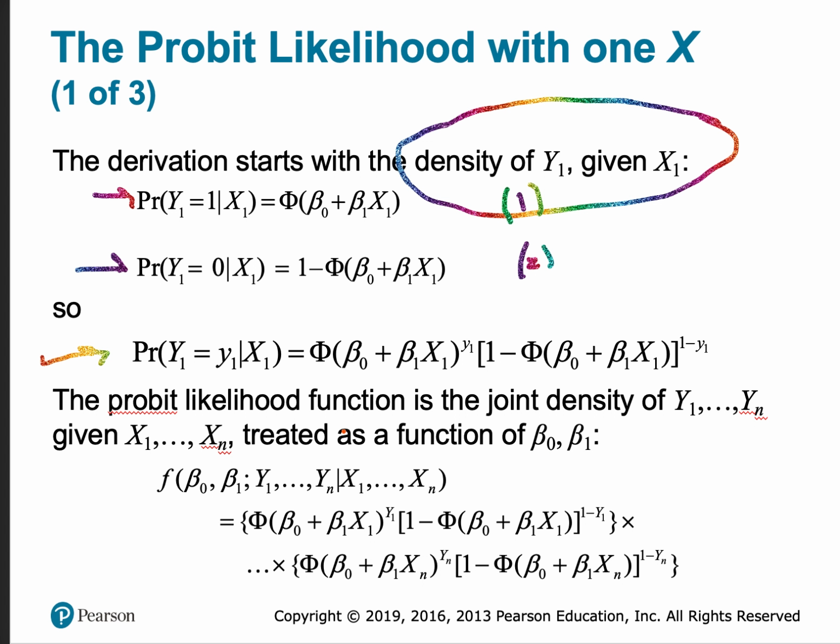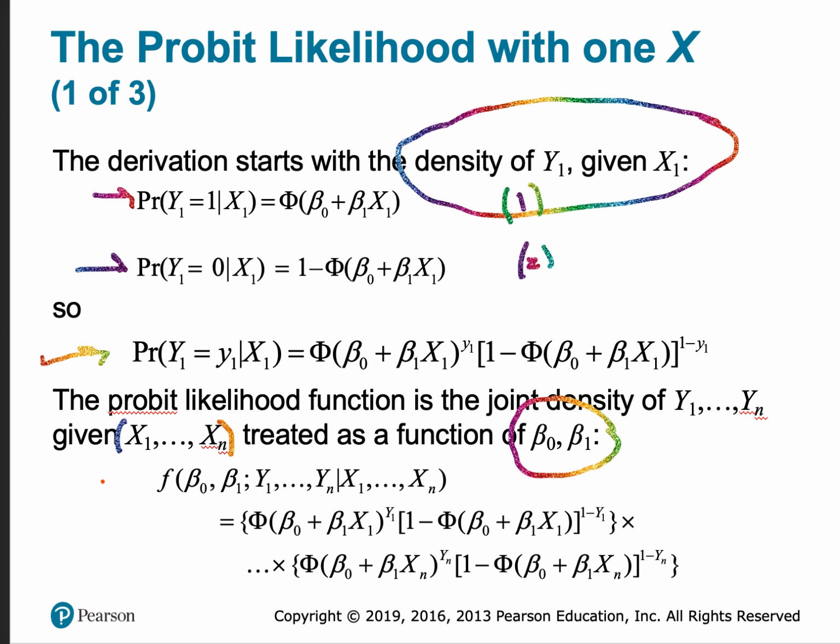So these words mean the joint probability that the different observations of y1 through yn equal little y1 to yn given the values of the independent variables, and that joint likelihood is a function of the values of the probit coefficients.